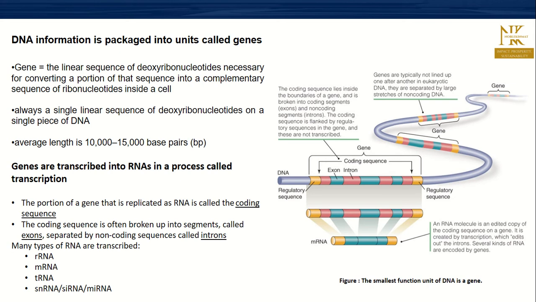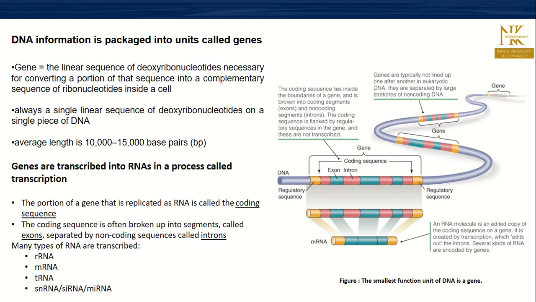It is very simple. Now, in the figure we have here, the smallest functioning unit of a DNA is a gene. So here we have different genes on the line of a DNA.